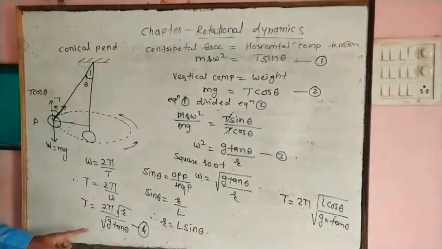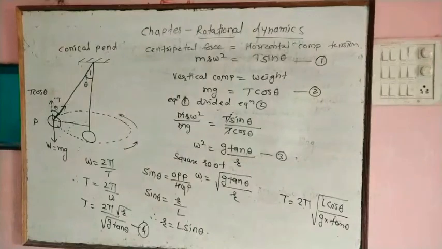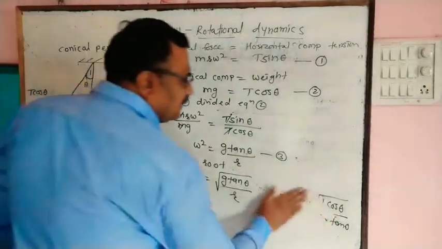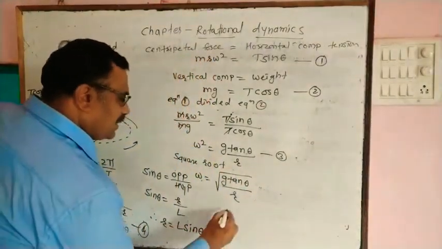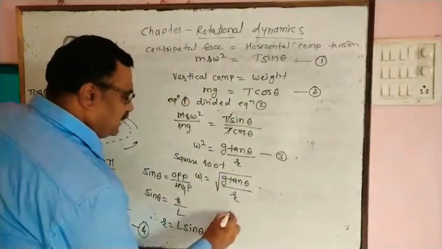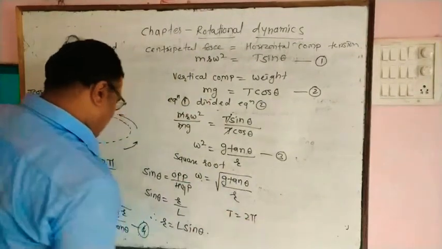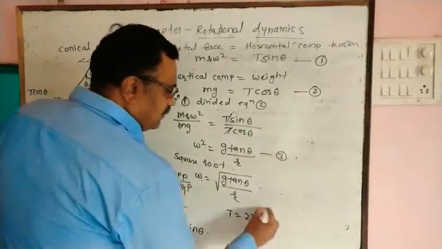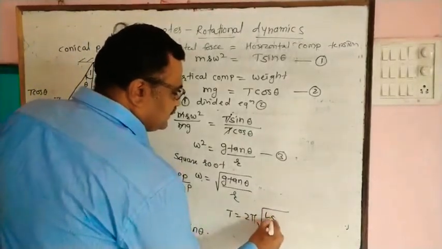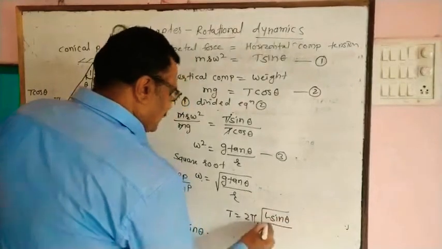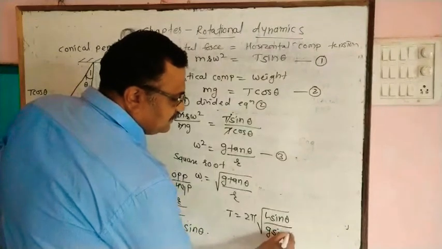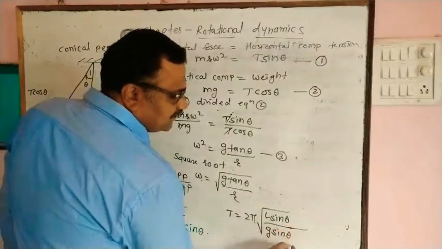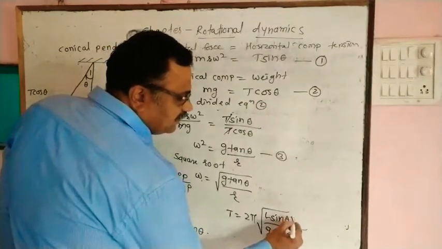Substituting this value in equation number 4, we get T is equal to 2 pi under root of r, which is L sin theta, upon g into tan theta. Tan theta means sin theta upon cos theta.